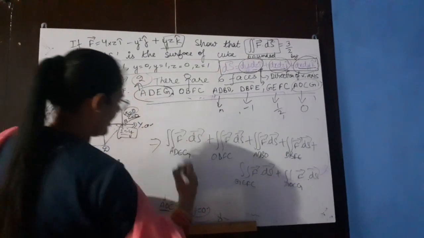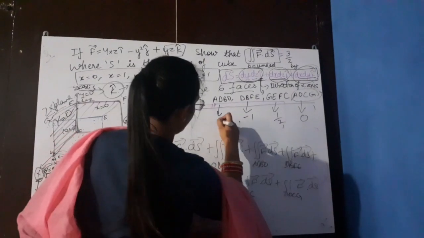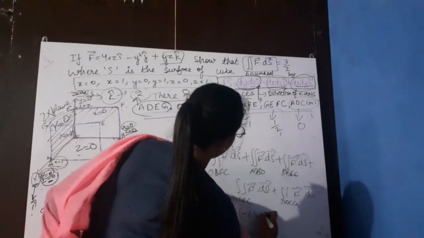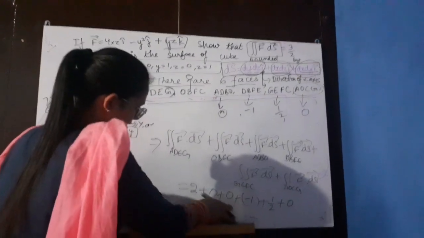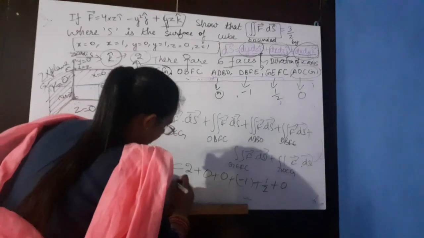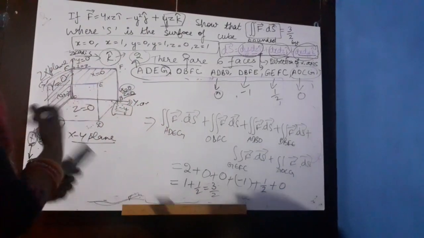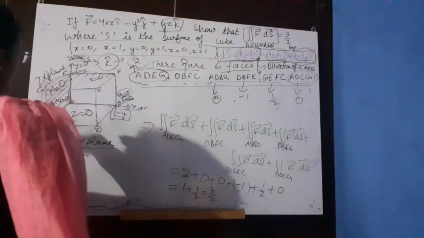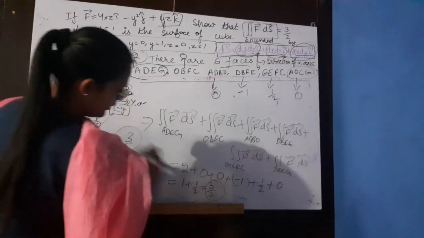We know the surface integrals: OBFC is 2, ADBO is 0, DBFE is minus 1, GEFC is half, and AOCG is 0. When we add these, 2 minus 1 is 1, plus half, we get 3/2. So we have proved that the surface integral of this whole cube is equal to 3/2.